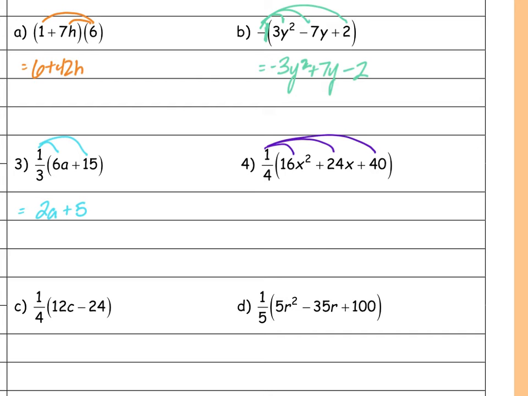So 1/4 of 16, or if I take 16 and divide it into 4 pieces, I want one of those pieces, which would be 4x squared. And 1/4 of 24, 4 goes into 24 6 times, plus 6x, and 1/4 of 40 is 10.